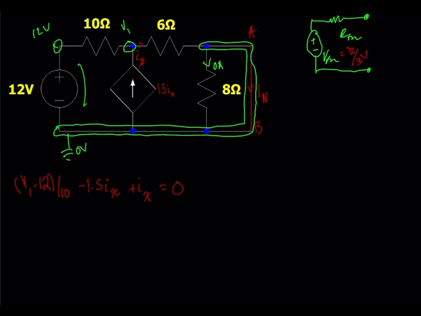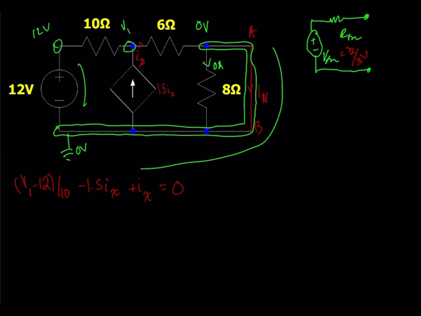So with one equation, we can continue on, and we can actually take note that since we've shorted these terminals and we've defined this entire node as being 0 volts, here on this side of the 6 ohm resistor will just be 0 volts.